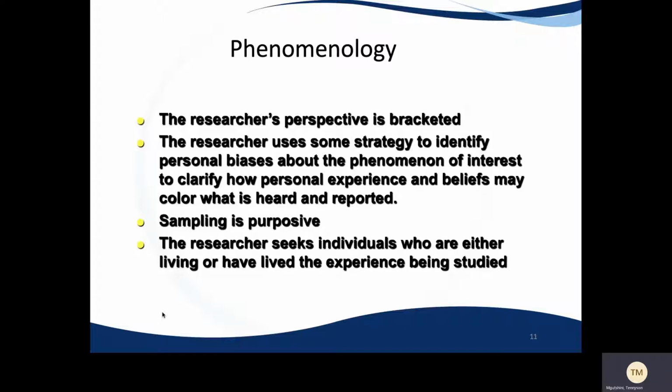Similarly, the other additional characteristic in phenomenology is that people sample using non-probability sampling, and usually it is purposive sampling that they use. We will speak in greater detail about purposive sampling, but it is one of the types of qualitative sampling that exists.